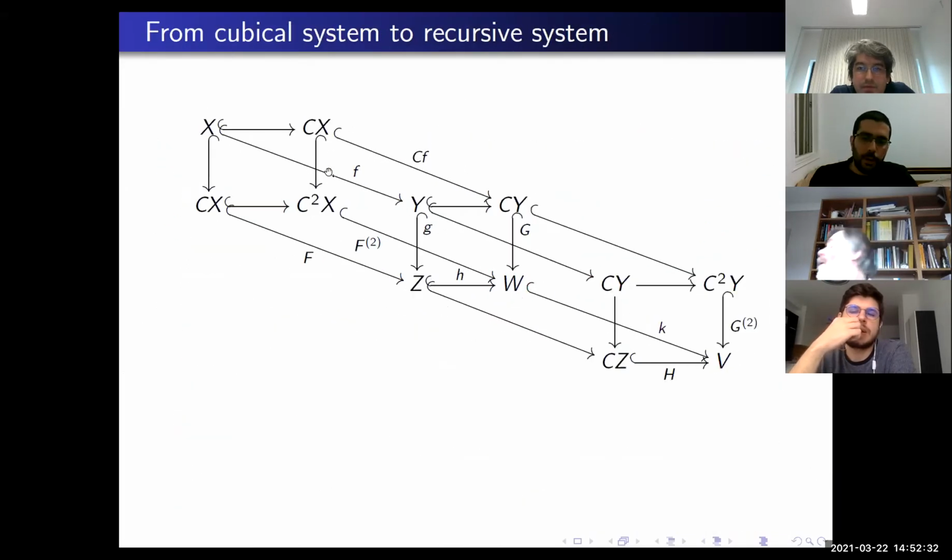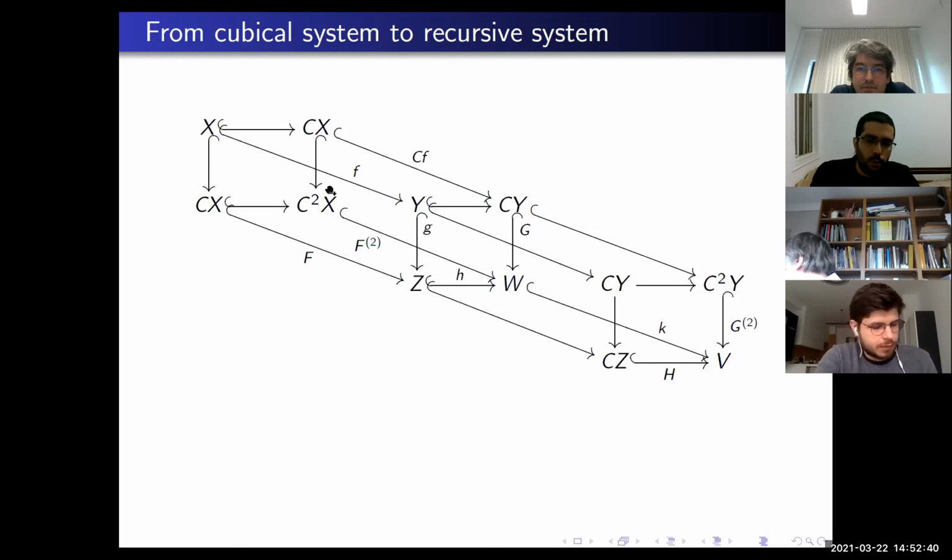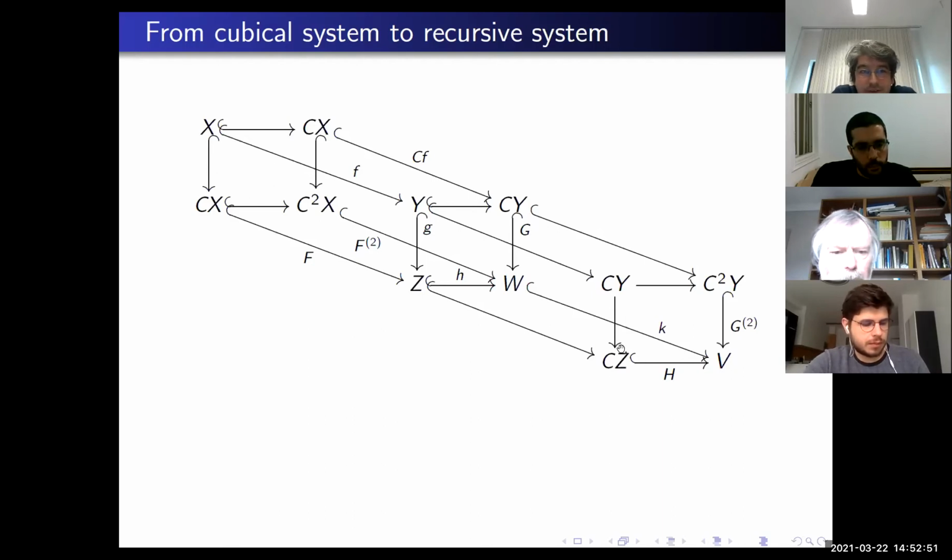For example, in the case where you have four maps and null homotopies, you have this diagram, but not everything is a cofibration. It's just objects and maps. But you can replace it for every Toda system.